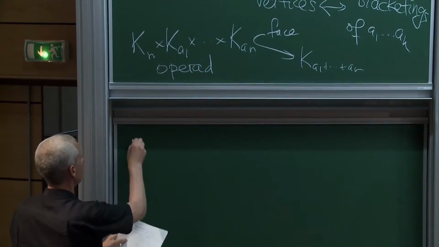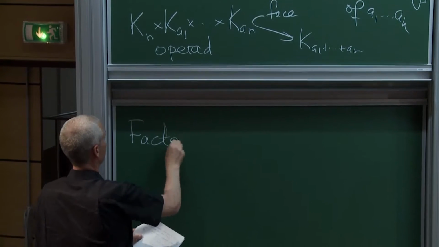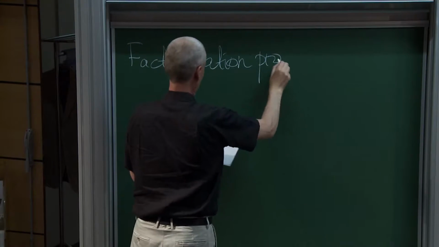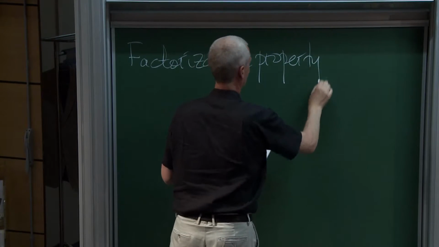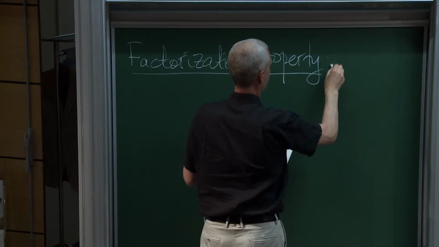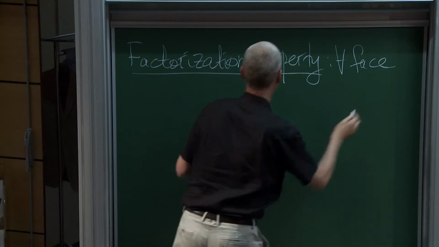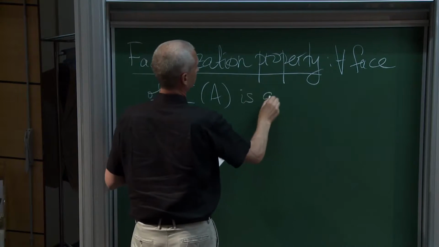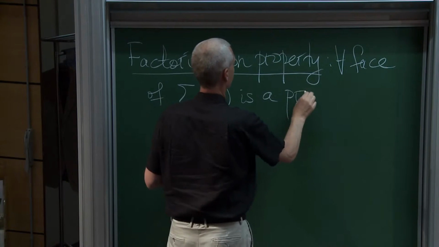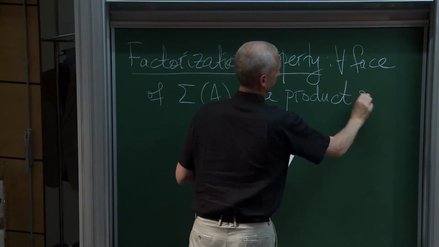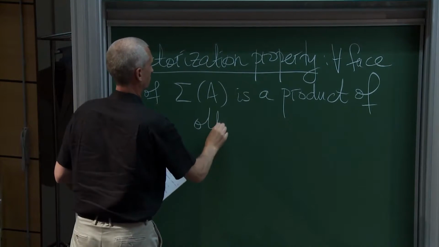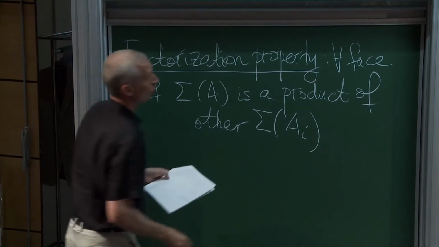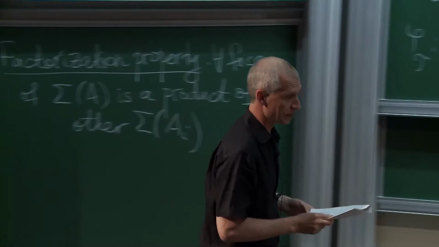Let me call this the factorization property. It says that every face of sigma of A is a product of other secondary polytopes, sigma of some A_i. More precisely, one can describe what the faces are.